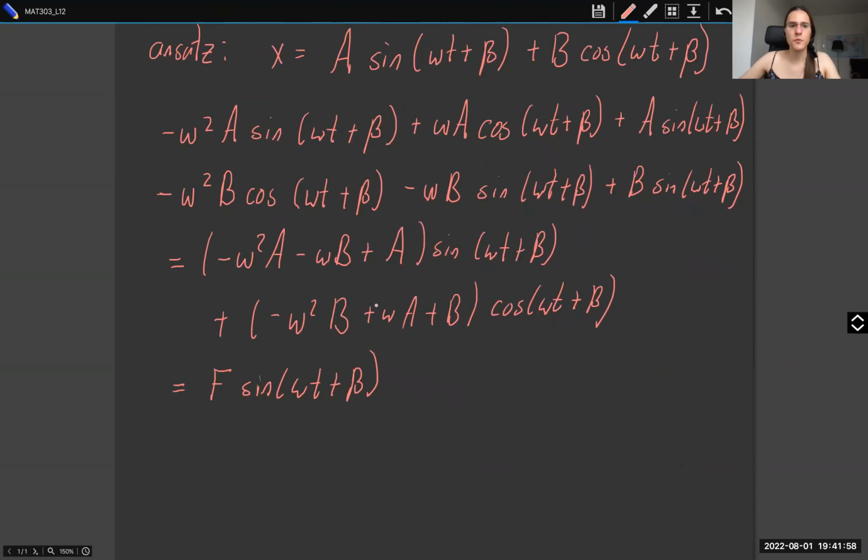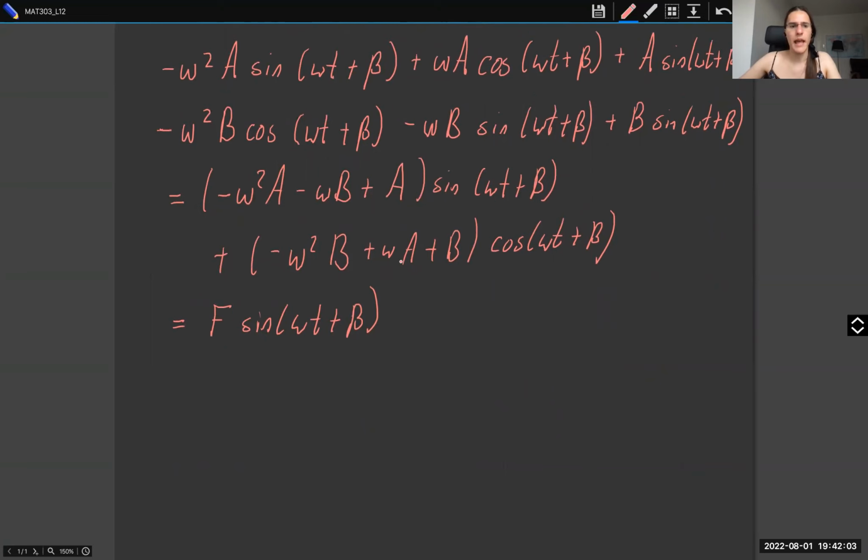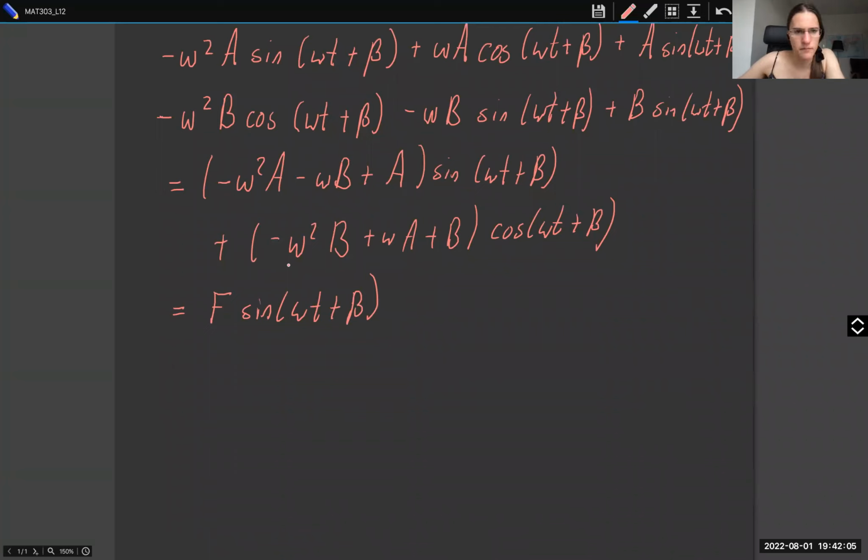So this is a 2x2 linear system for A and B. And what I'm going to have then is, if I imagine A and B, this is 1 minus omega squared. I can rewrite it like that.